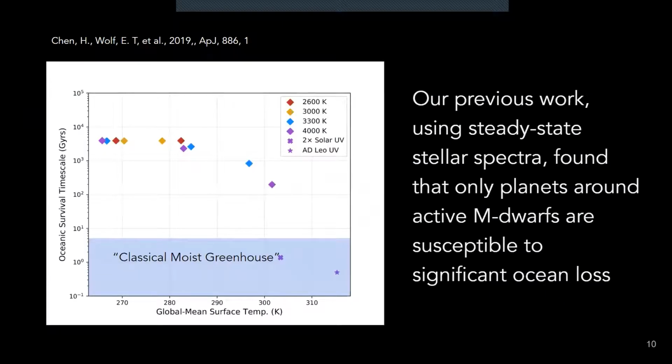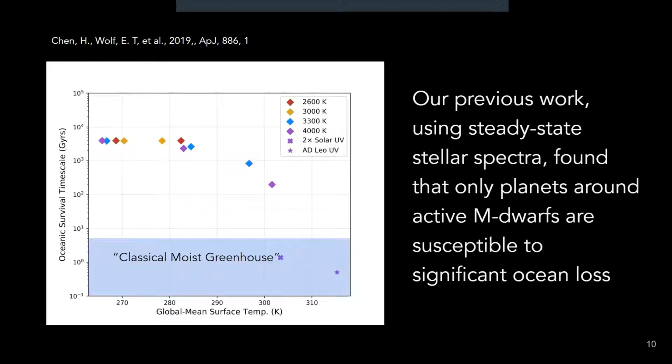Our previous work exploring inner edge habitable zone planets around a range of M dwarfs found that only planets around active M dwarfs in the UV can be pushed into the moist greenhouse regime as defined by the Kasting 1988 paper.